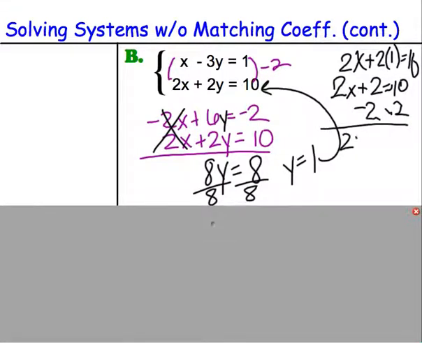And that gives me 2x equals 8. Divide both sides by 2, x equals 4. Which means that my ordered pair solution I've got here is going to be 4, 1. If I check that, 4 minus 3 does equal 1, 8 plus 2 does equal 10.